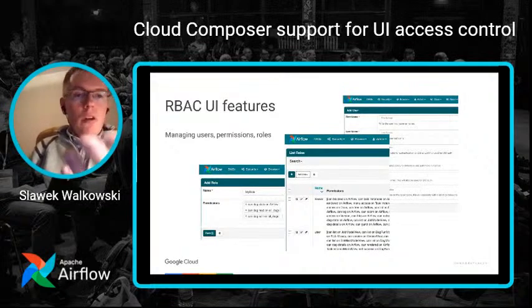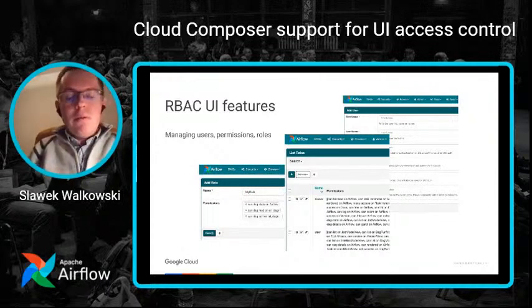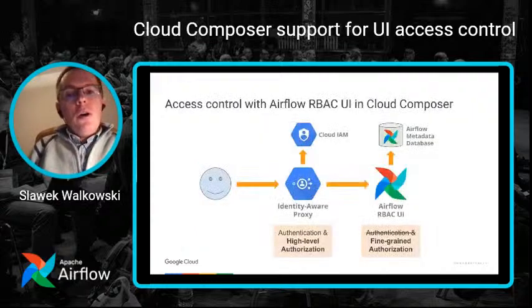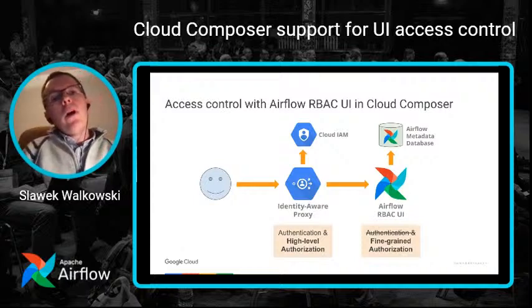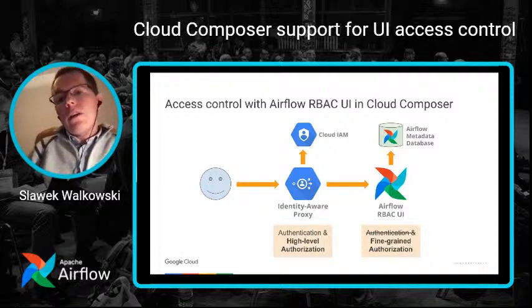And of course, you get all the goodness that comes with Airflow RBAC, which is generally managing users, permissions, and roles within Airflow. I will not discuss all these features in detail here. I think what is more interesting is how we integrated Airflow RBAC access control with Cloud IAM and the access control that we have used so far.